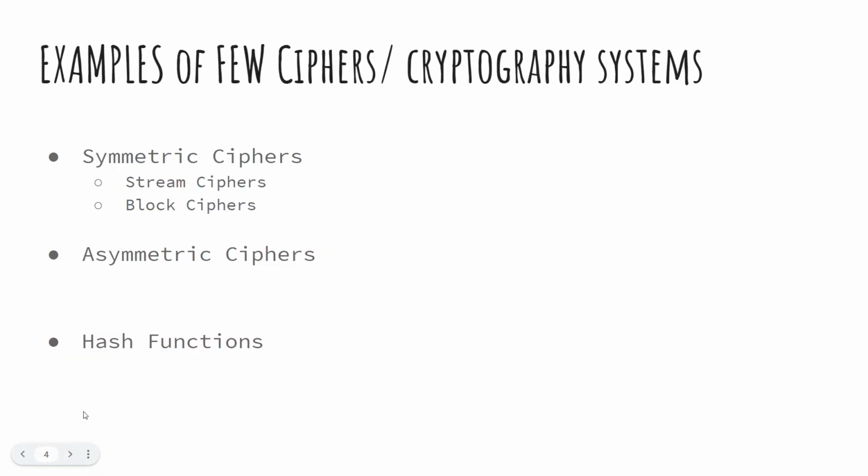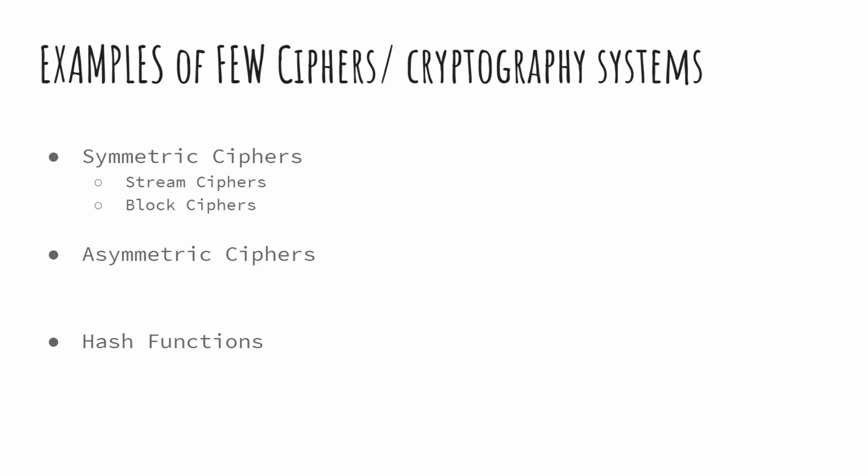Going ahead, I will give you a few examples of ciphers or cryptography systems. First one, symmetric ciphers, which include two subdivisions, stream ciphers and block ciphers. The second one being asymmetric ciphers, and the third one being hash functions.